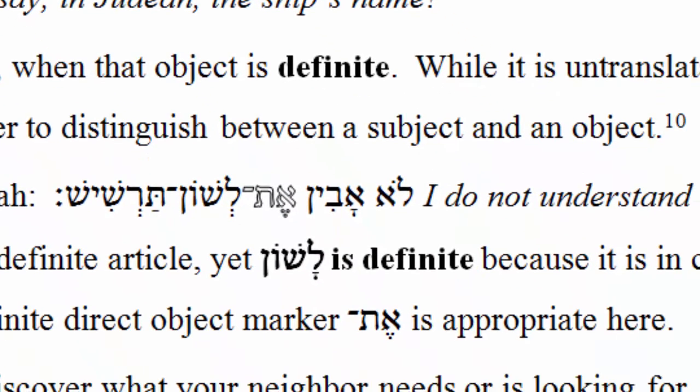We also find this untranslatable particle et in the following statement, excerpted from the current Jonah episode. Lo avin et lashon tarshish. By way of reminder, the phrase lashon tarshish is definite, although it has no definite article, owing to the fact that Tarshish is a name, a proper noun.